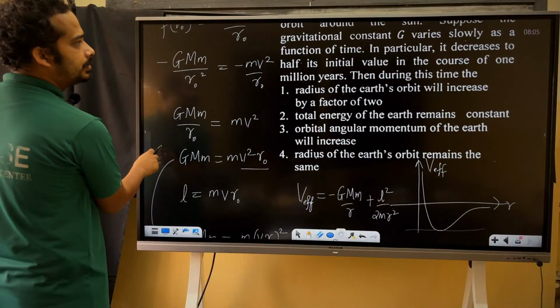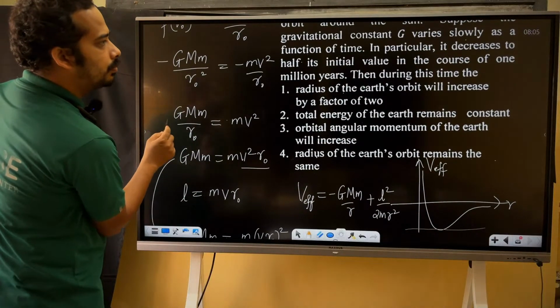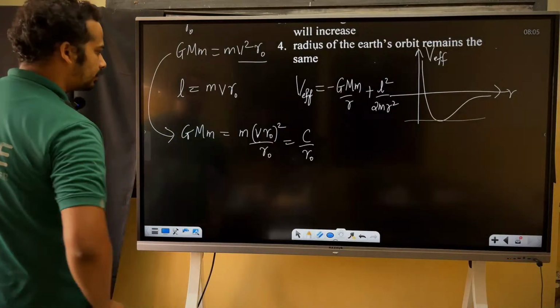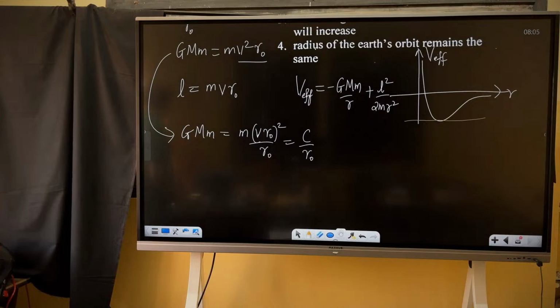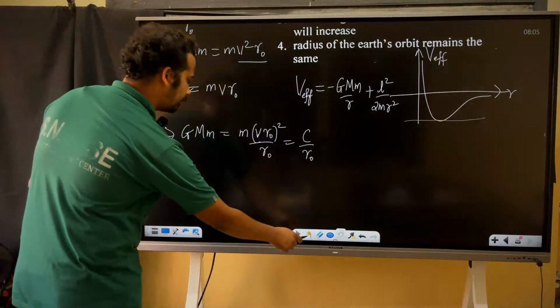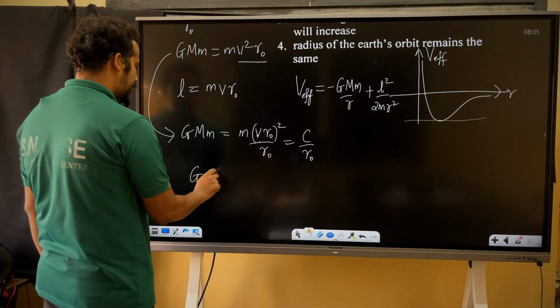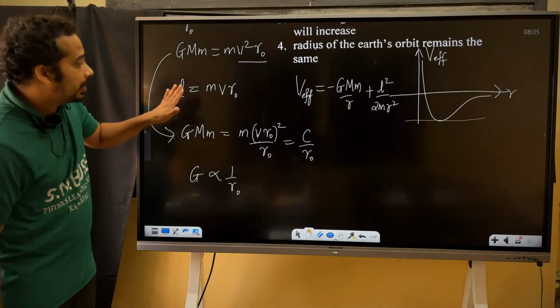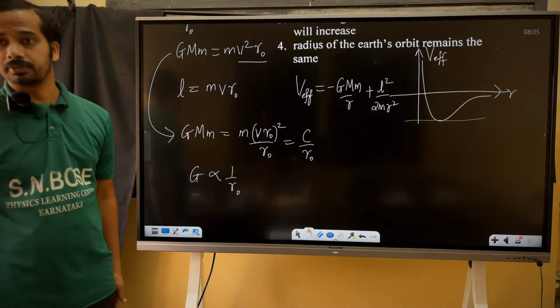G decreases to half of its initial value. Then R naught will be... If G becomes half, G is proportional to 1 by R naught, isn't it? By conserving angular momentum, I wrote that expression.